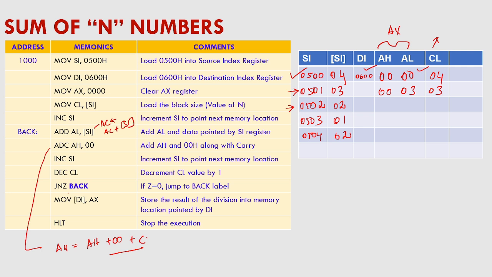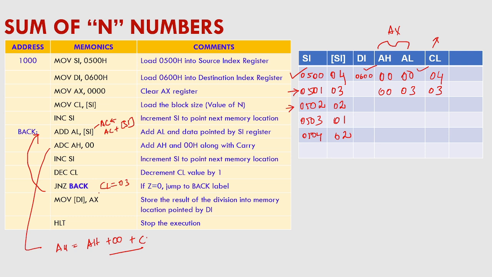So JNZ BACK means if the zero flag is not set, that is, CL is non-zero. CL's current value is 03, which is not equal to 0. That means the condition is satisfied and the zero flag is not set, so it will go to the loop BACK.